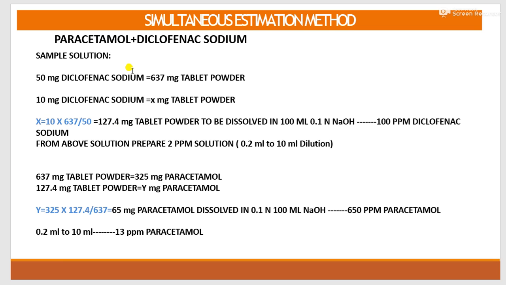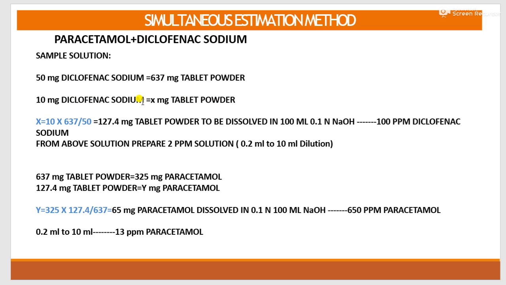Now, preparation of sample solution. As we know the average weight of the tablet is 637 milligram, which contains 50 milligram of diclofenac sodium. So for 50 milligram of diclofenac sodium, you require 637 milligram of tablet powder. So for 10 milligram diclofenac sodium, you require X milligram of tablet powder.